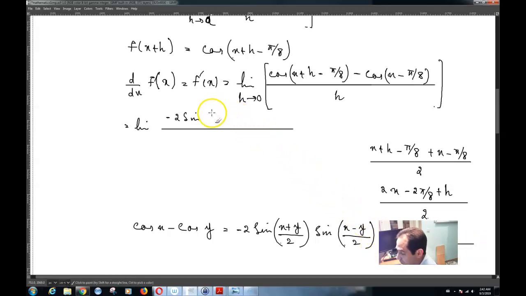So that would be basically 2x minus pi by 4 plus h, divided by 2.